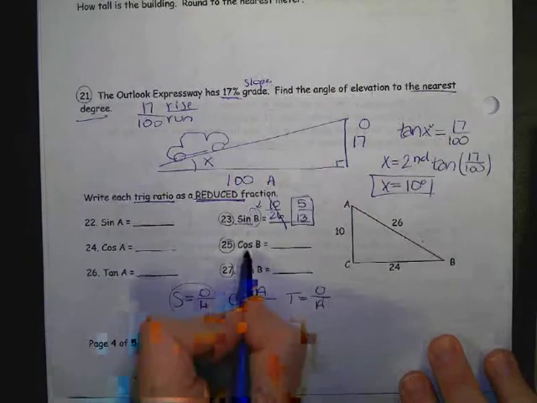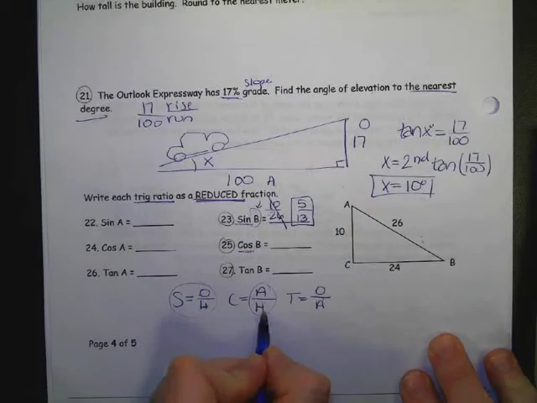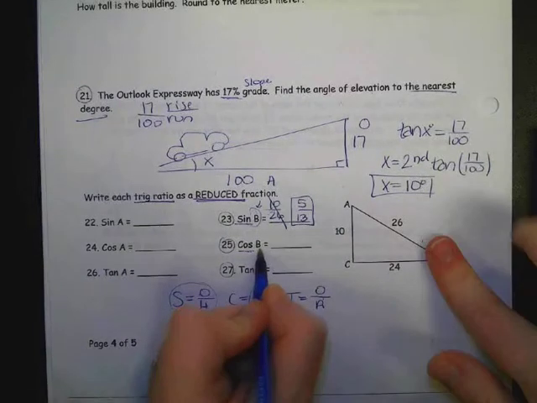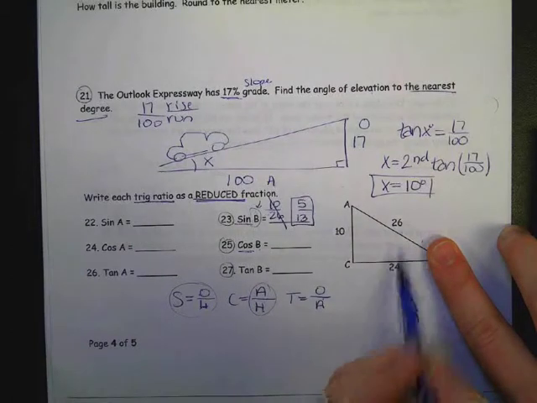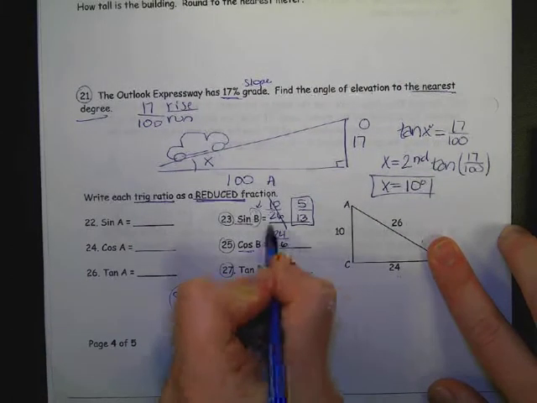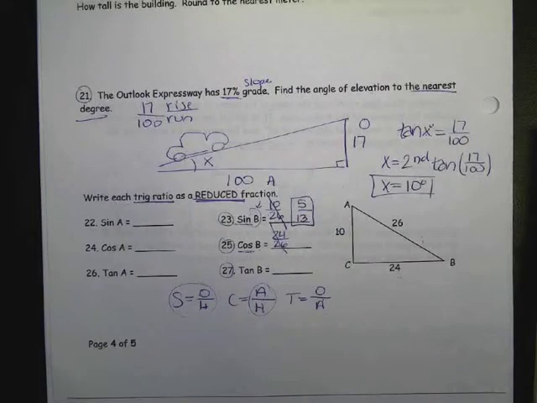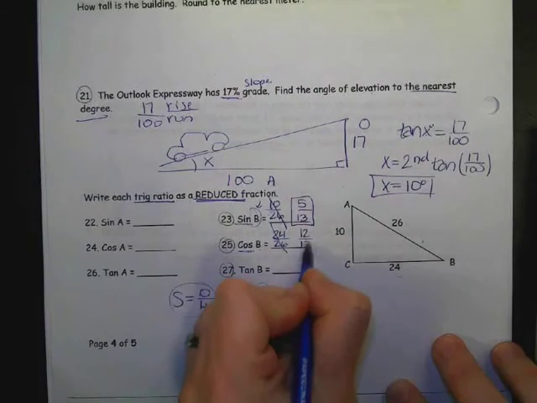Number 25 is looking for cosine of B, so now we're going to be using A over H. We're still referencing angle B, so I'm going to cover B up to figure out the adjacent side would be 24, hypotenuse would be 26, so 24 over 26 reduces to 12 over 13.